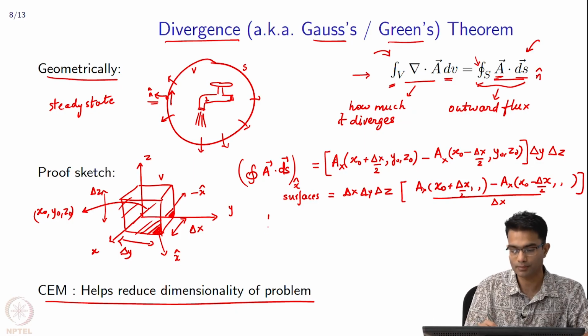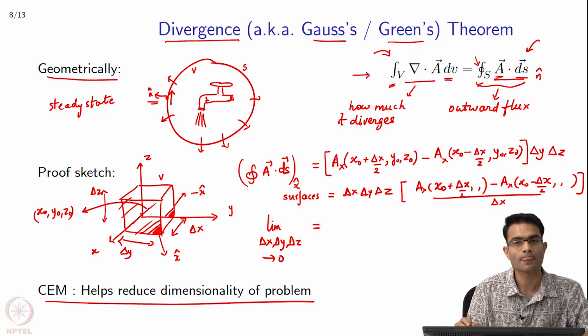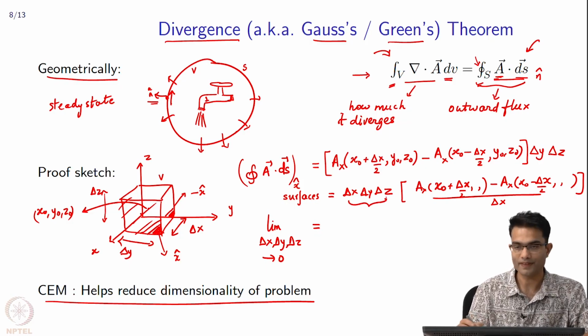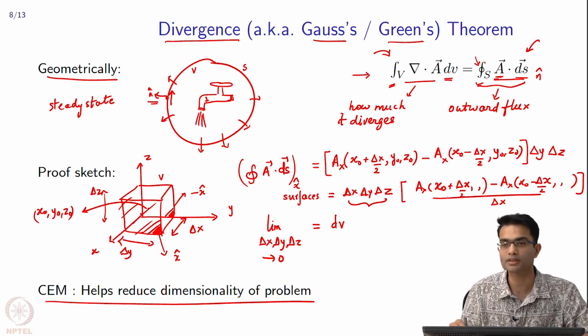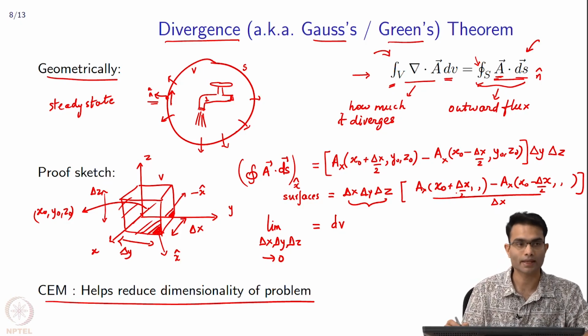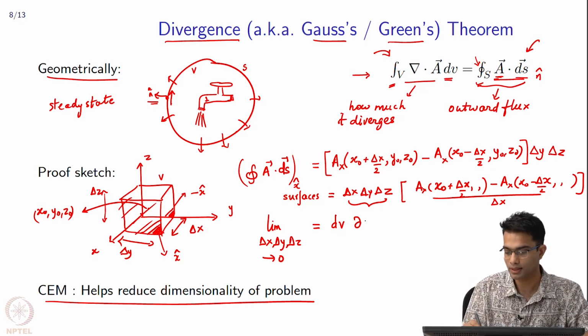And if I take the limit as these tend to 0, this expression will become, so this over here, what does this become? dV, right, this becomes the differential volume, and this expression over here, notice which is the component that is changing in this, only the x component, right. So, it is dAx by dx, right.